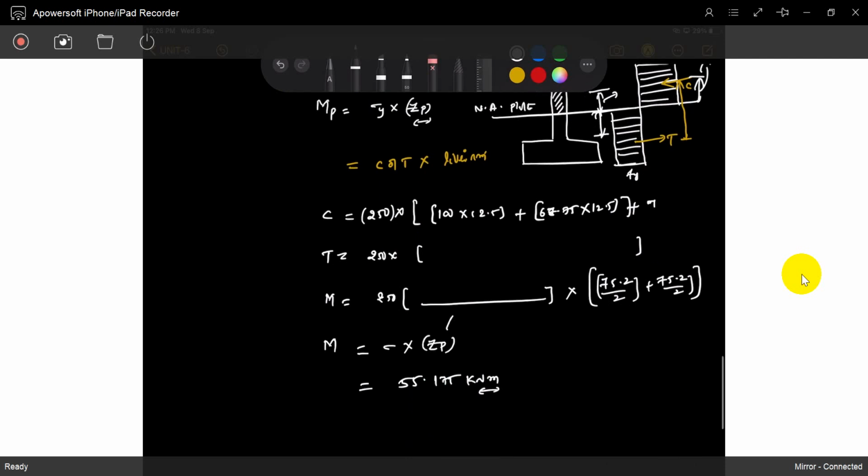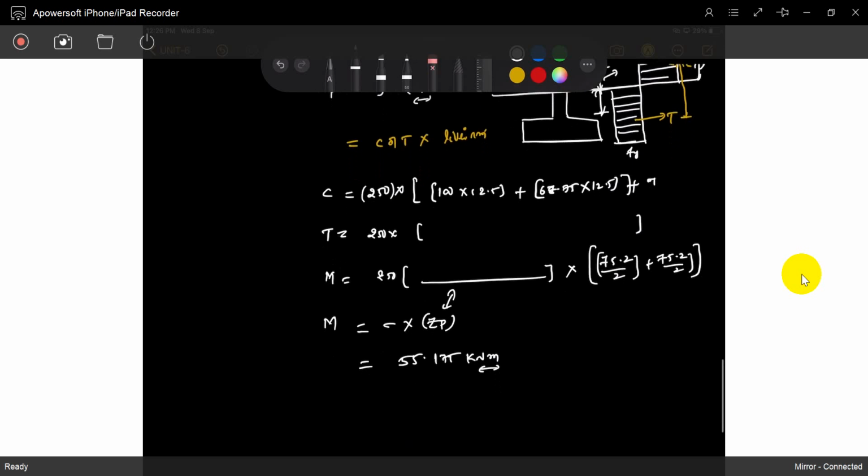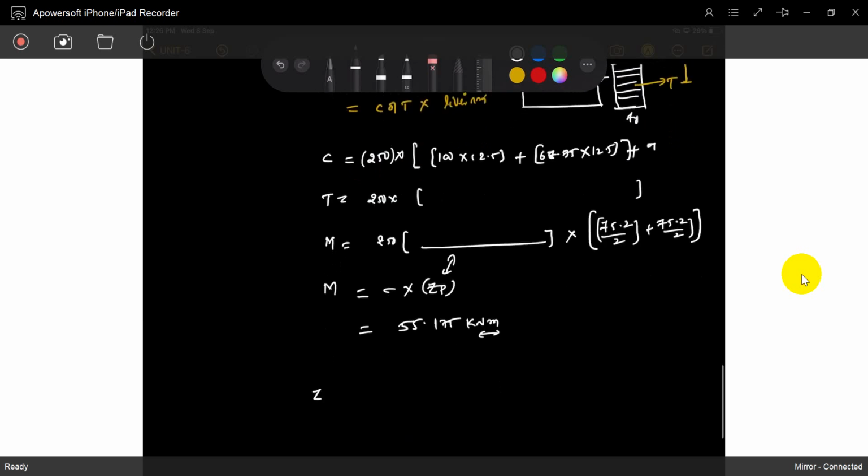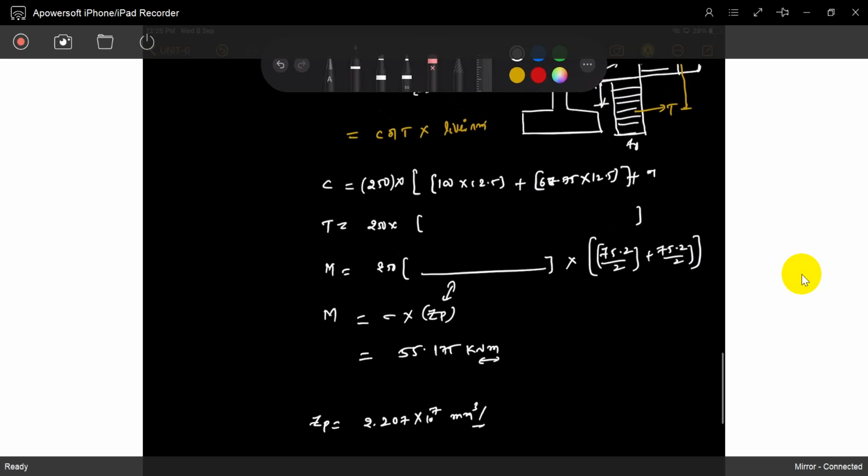Just find out Zp, the plastic sectional modulus, with the plastic neutral axis. If you find out Zp, you will get 2.204 into 10 power 7 mm cube.